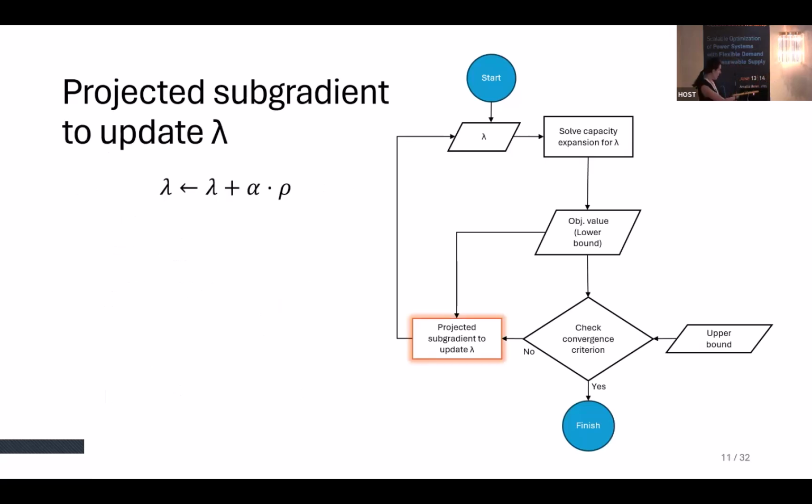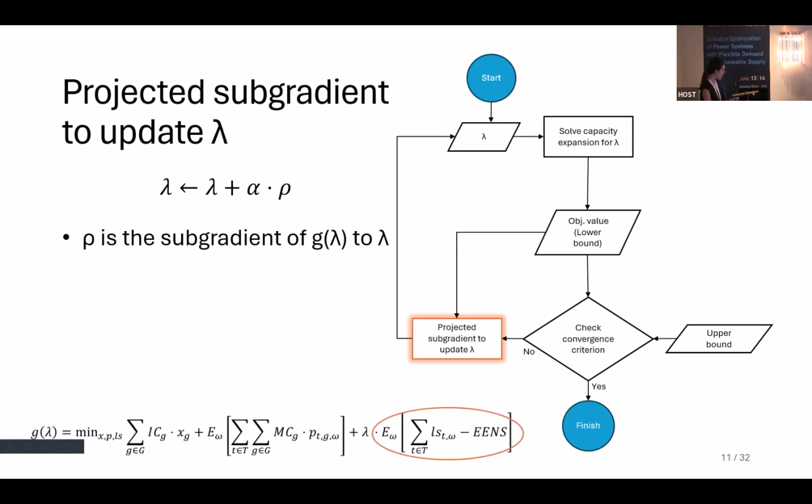So how do we update lambda with the subgradient method? If rho is the subgradient of g of lambda with respect to lambda, and I remind you of the expression here, you can see that the subgradient is actually my limit violation, the violation of my constraint. Every time I solve this problem, I retrieve the information of my limit violation, and then I can use it for the subgradient to update lambda.